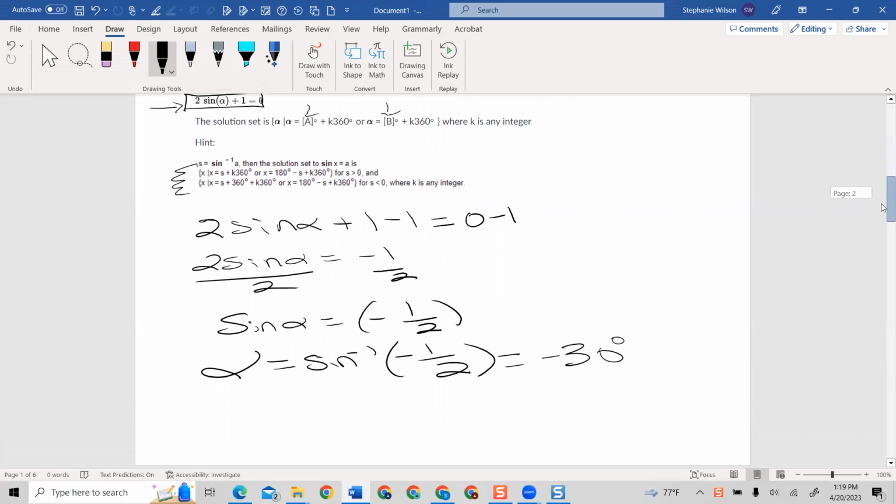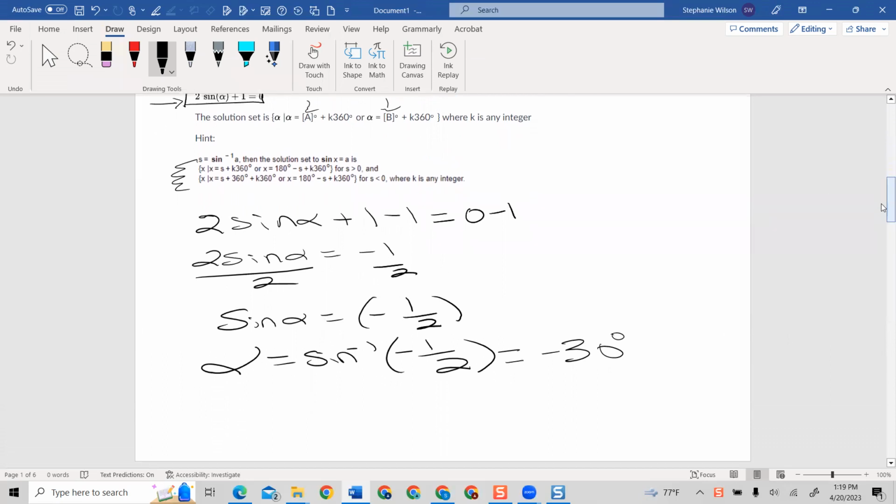We've got to figure out what happens here. We are using this formula right here because s is less than 0, meaning it's a negative number. We had a negative half, so we know we're using this.